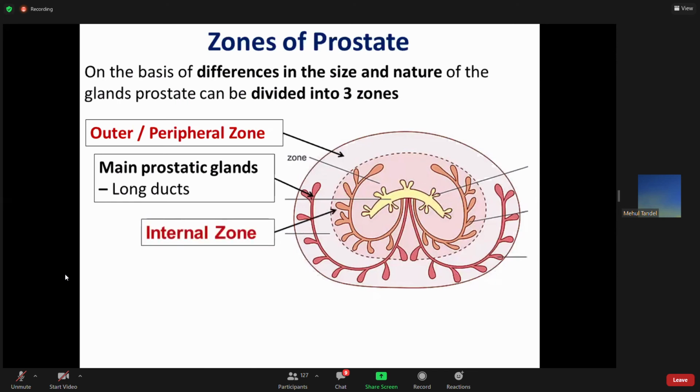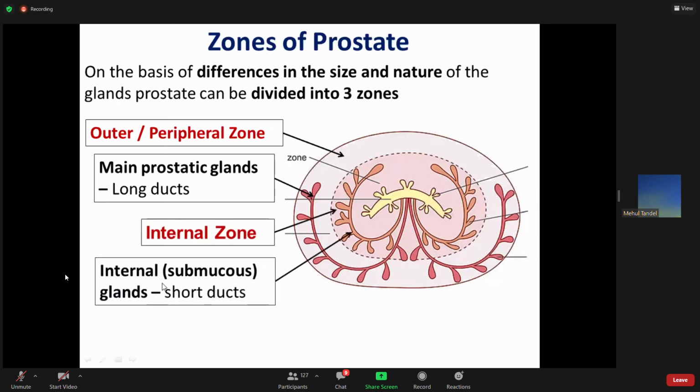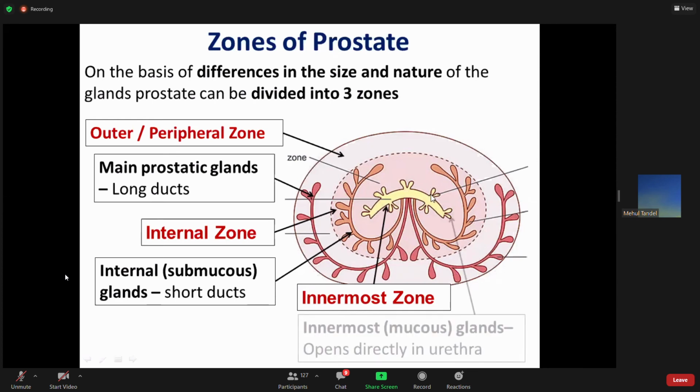Inside it, there is the internal zone. It contains the internal or submucous glands with short ducts. That is known as the internal zone. And third is the innermost zone. You can see the very small glands here without ducts. The innermost mucous glands open directly into the urethra without ducts.